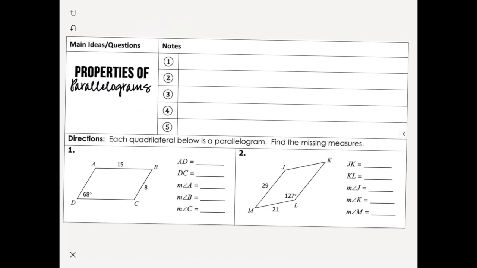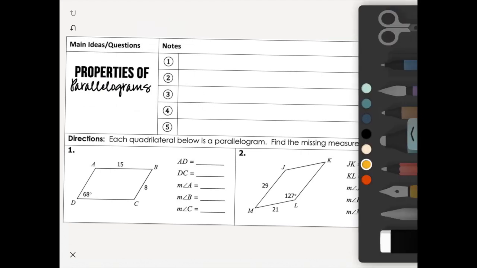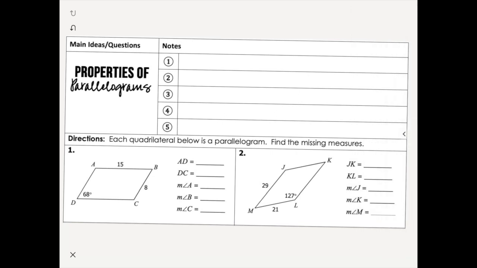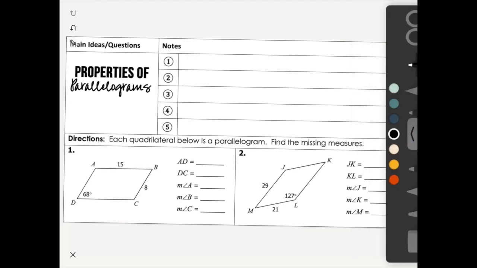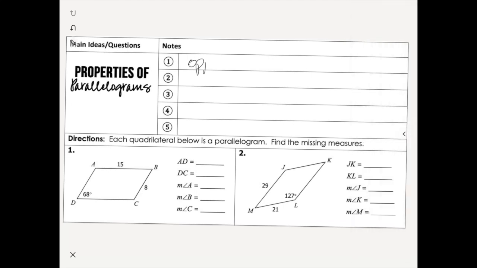So properties of parallelograms. There are several properties of parallelograms. The first one being that opposite sides are congruent.